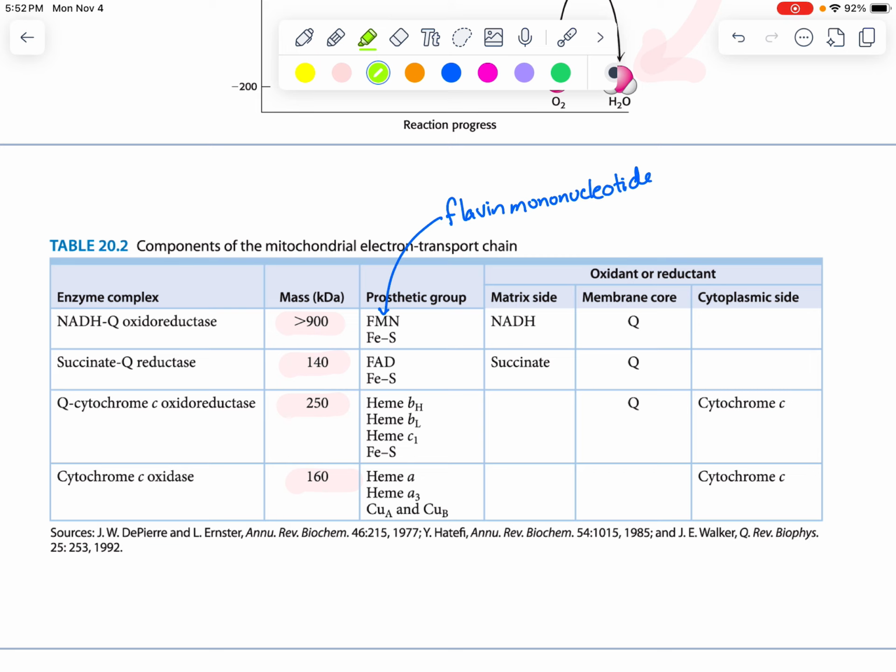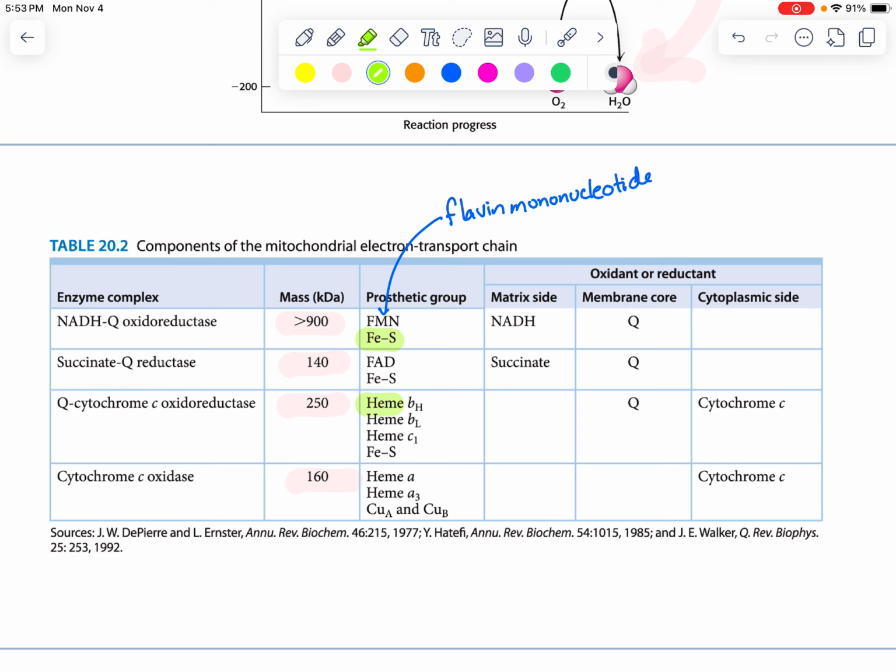We have these iron sulfur clusters. So it's iron covalently bound to sulfur in the side chains of cysteine groups, or of histidine groups. We have heme, which is going to seem very similar from before when we talked about hemoglobin.